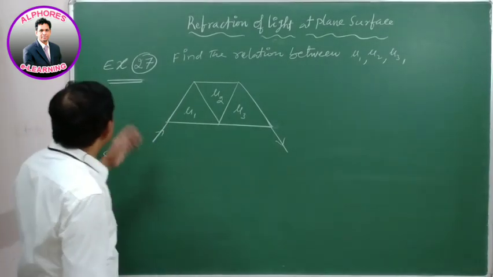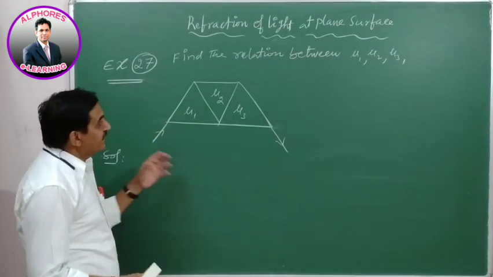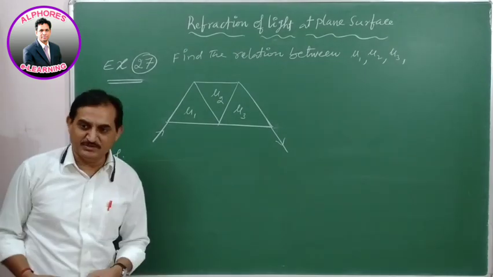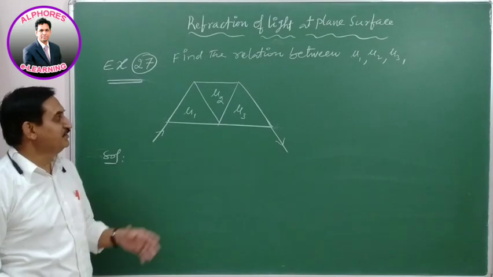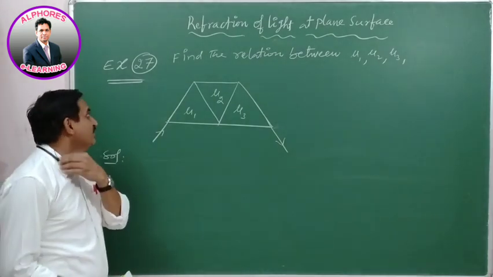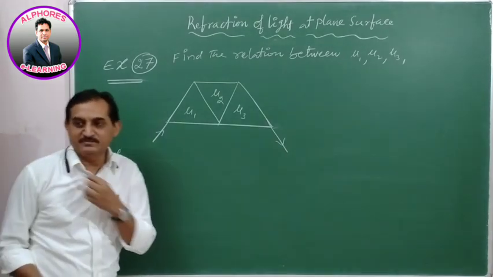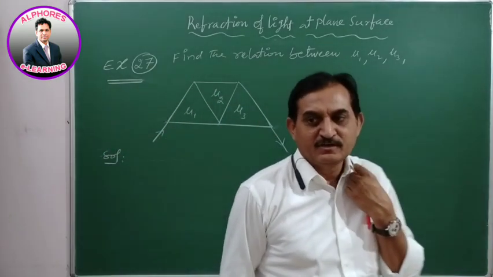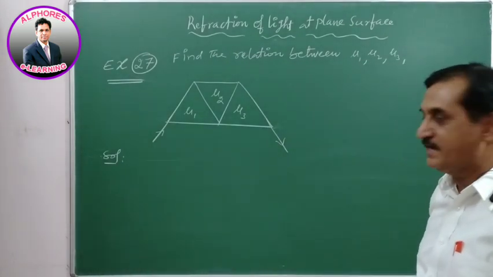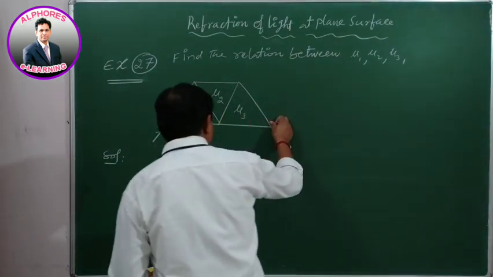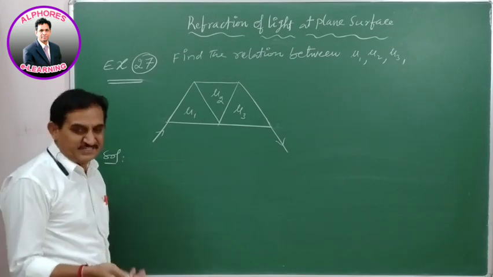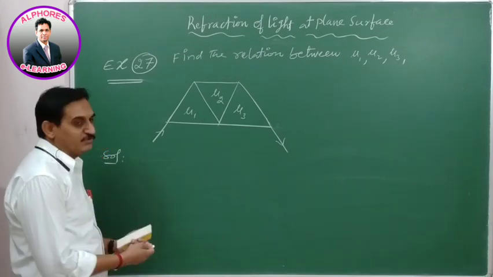Now question number 27. 3 right-angled isosceles triangular prisms are kept in contact as shown in the diagram, and their refractive indices are given as mu1, mu2, mu3. Now the question is, what is the relation between mu1, mu2, mu3 whenever the light is at grazing incidence and finally, after refraction, grazing emergence? Now the relation is, as I said, by logic directly we can get the answer.